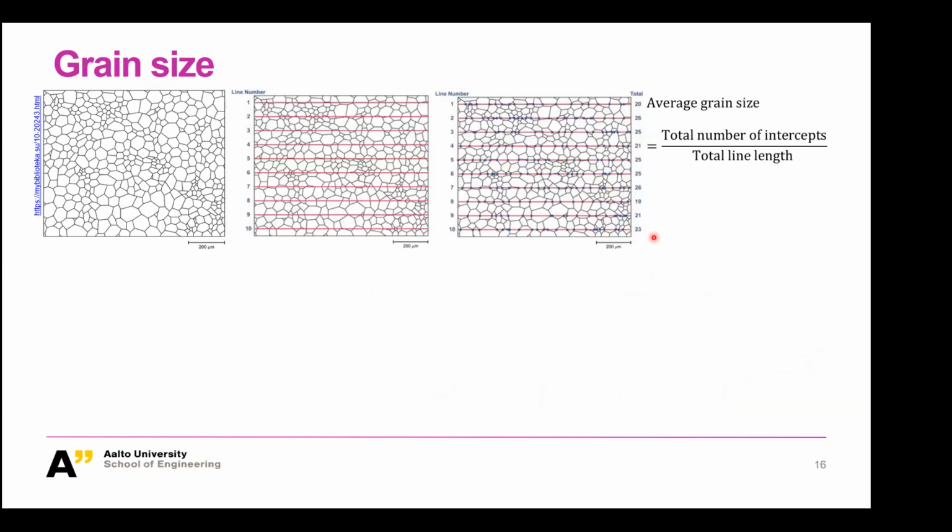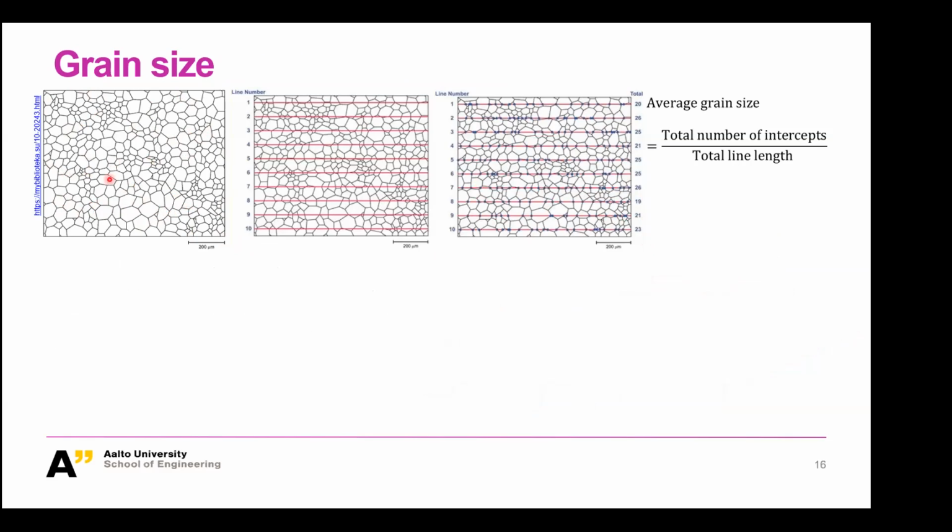Then after we have defined the grains, we can analyze the grain size. For example, this is a conventional method to measure and calculate your average grain size. If you have a grain distribution map like this, it may be from LOM or SEM.